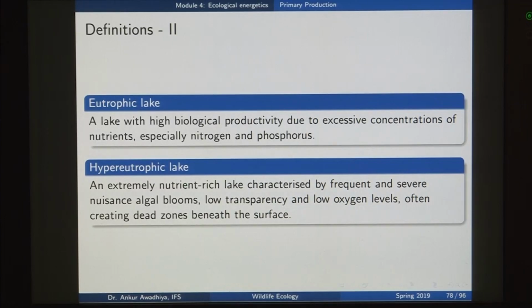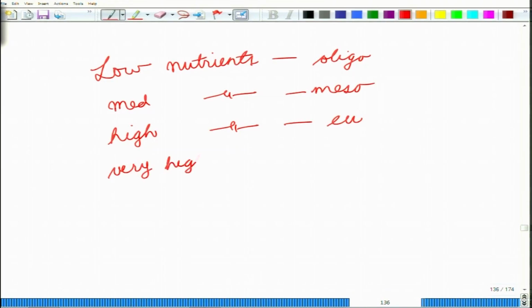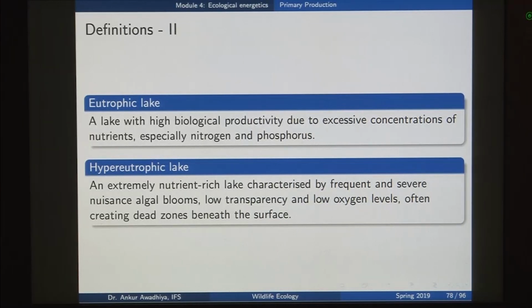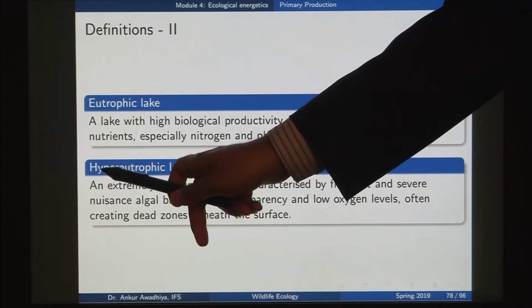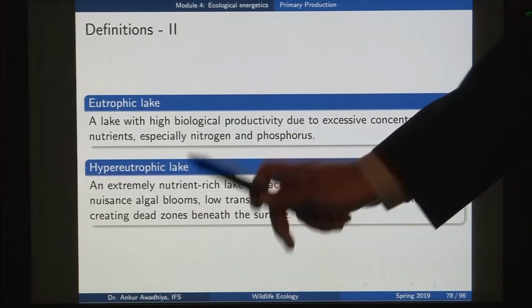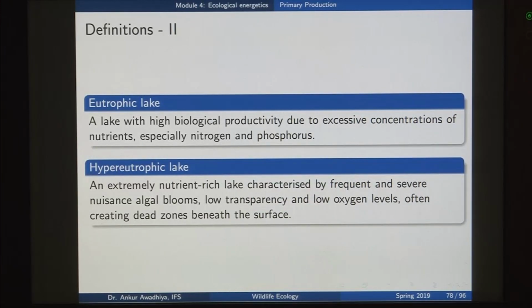And then if we have a very high level of nutrients, then you will have a hypereutrophic lake. Hyper is excessive. So, this is an excessively productive lake, an extremely nutrient-rich lake that is characterized by frequent and severe nuisance algal blooms.